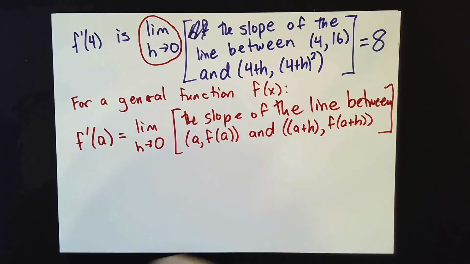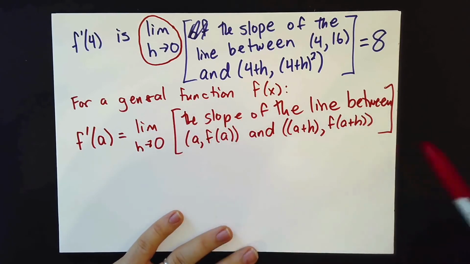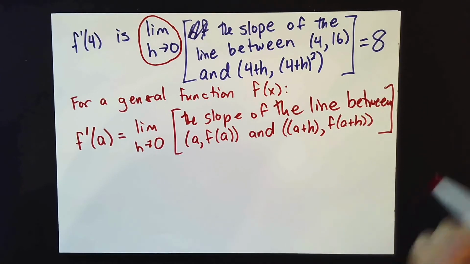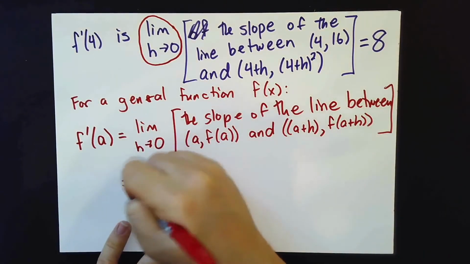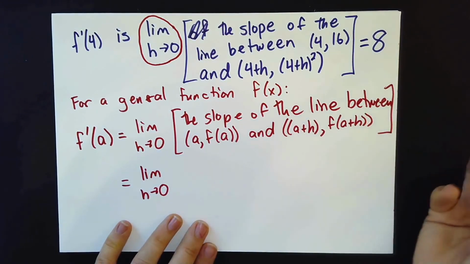Now, I think it may very well be the case that this is the nicest way for you to think of this formula. But if you don't like this way, or if you want this spelled out a little bit more, we can write out what this slope is.